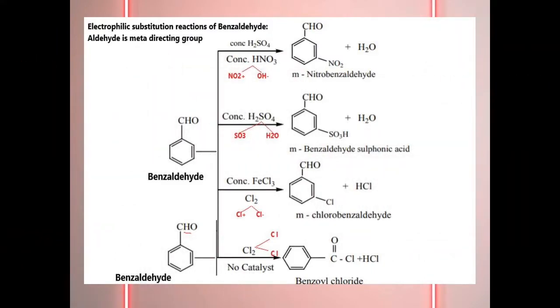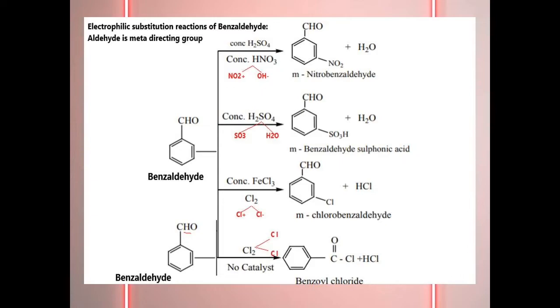Electrophilic substitution reactions of benzaldehyde. Benzaldehyde contains an aldehyde, and that aldehyde is a meta-directing group. When benzaldehyde is added with concentrated nitric acid, the nitric acid splits into NO2 plus and OH minus with the help of concentrated sulfuric acid.